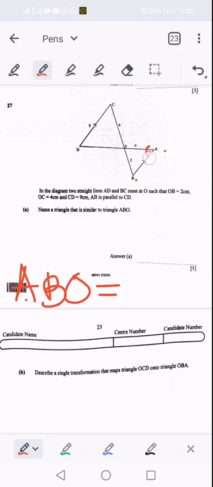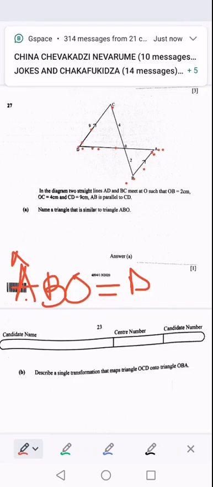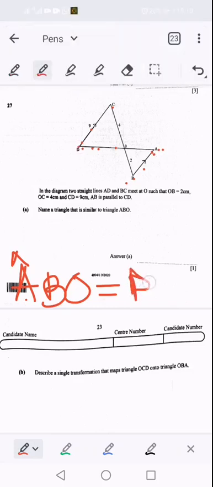Let us use the Z angles. So this one is equal to this one. So angle A is equal to D. So it's D that comes first. Since A is equal to D in terms of angles, I write D under A.